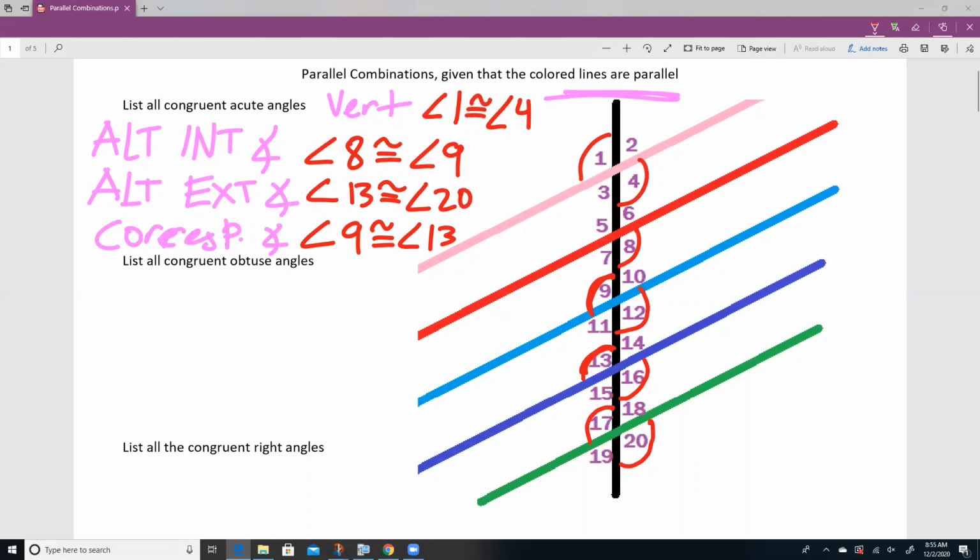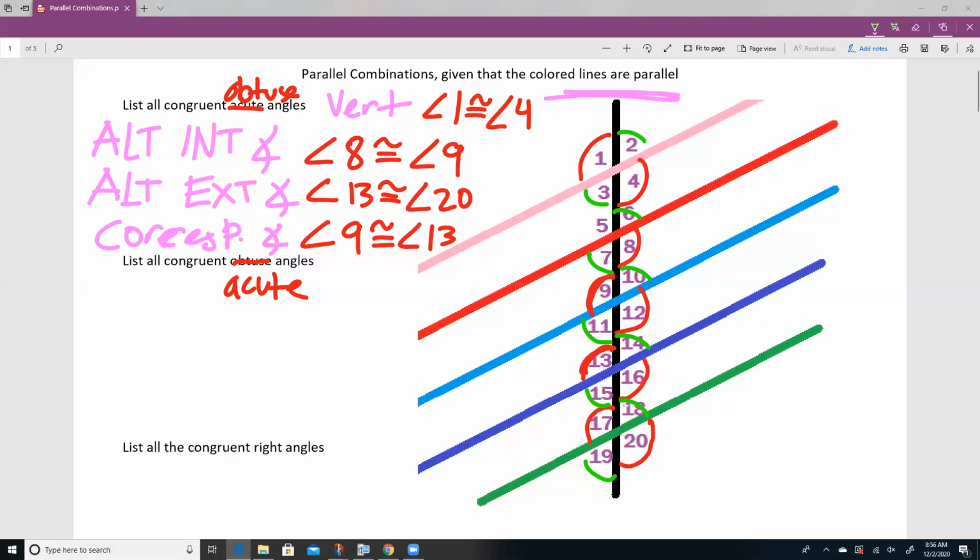Oops. Let's pretend like this said obtuse. And this one's saying acute. I apologize for doing those out of order. Let's go ahead and list our acute angles that are congruent. What are our acute angles that are congruent? Well, they're what's left. 2, 3, 6, I guess I skipped 5, 7, 10, 11, 15, 14, 18, 19.